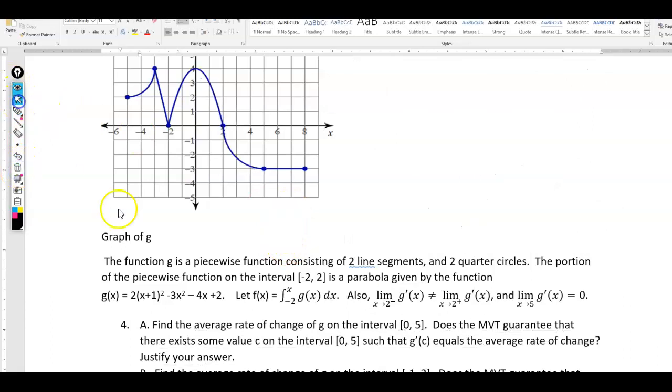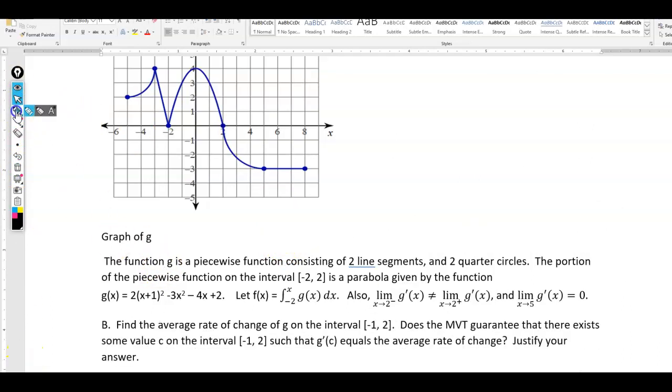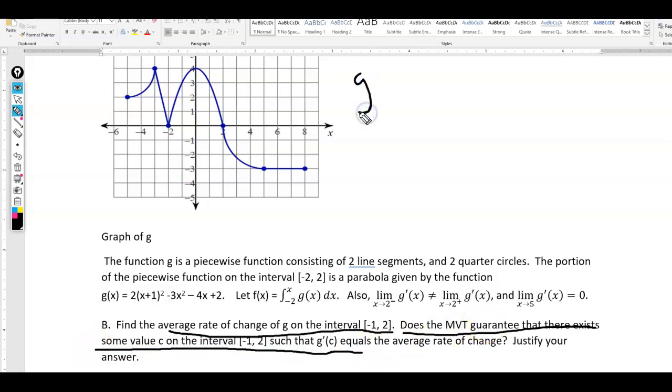All right? Now, let's take a look at part B. And for part B, it says find the average rate of change again, but this time on a different interval, -1 to 2. And this time, does the MVT guarantee that there is some value c on the interval? Okay, so let's go ahead and start here. So g of 2 minus g of -1 over 2 minus -1.